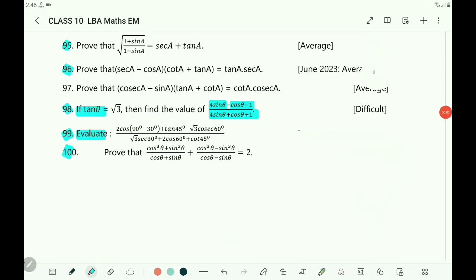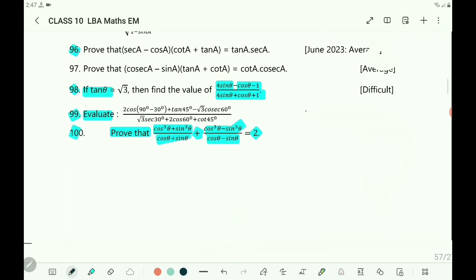Question number 100. It is the last question of the trigonometric LBA. Prove that cos cube theta plus sin cube theta by cos theta plus sin theta plus cos cube theta minus sin cube theta by cos theta minus sin theta is equals to 2. Now let us write the LHS.